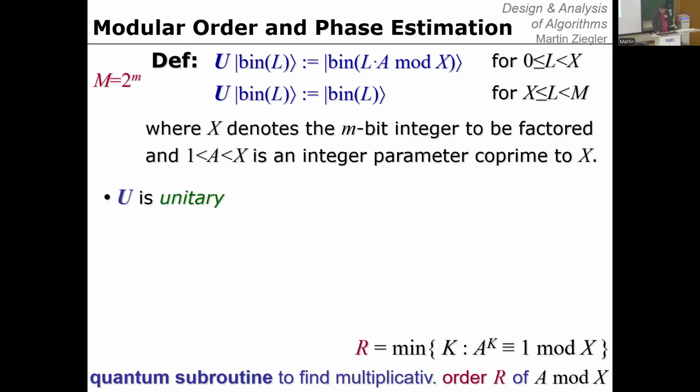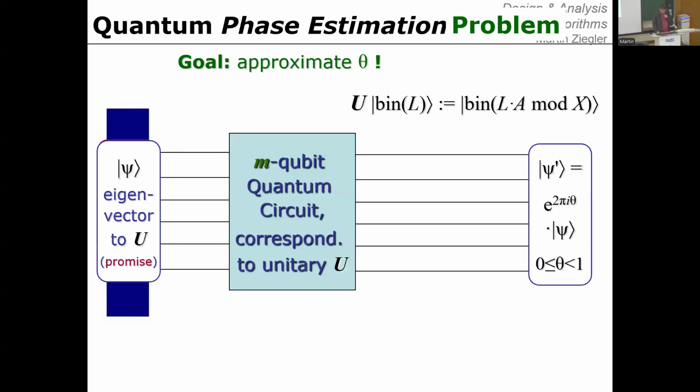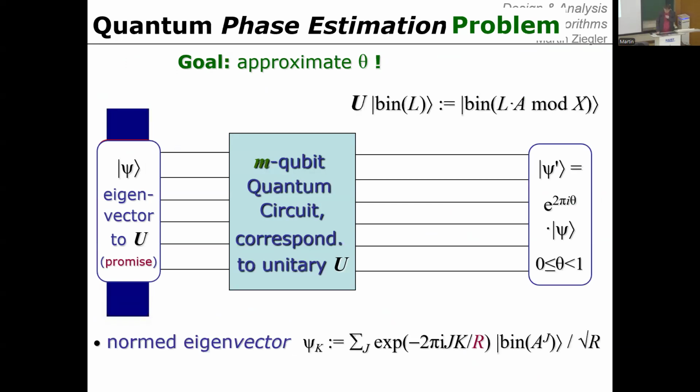So, what again is phase estimation? We're given this unitary operator matrix. Just saw it on the previous slide. Here it is. We're given a promised eigenvector, one of these guys.